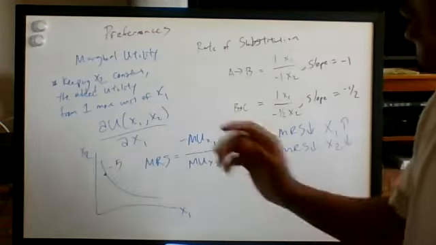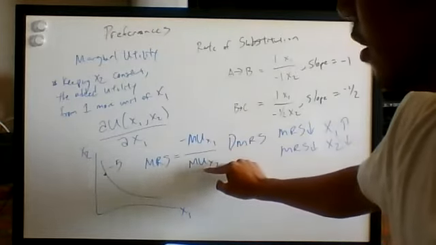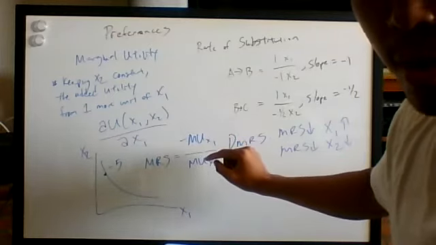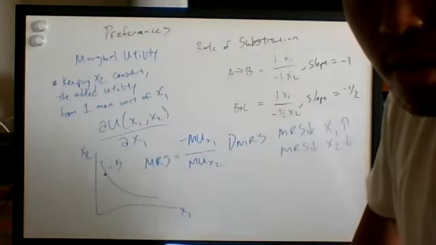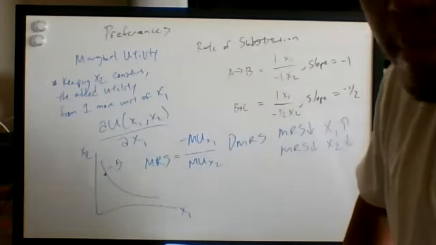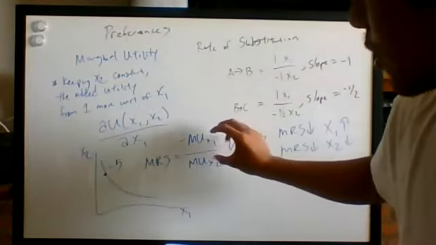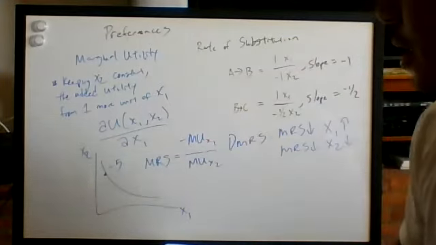But in essence, what this means is that I need 5 units of good 2 for every 1 unit of good 1, right? In order to preserve that utility. Does that make sense? How that backwards organization of x1 over x2 instead of x2 over x1 makes sense, right?